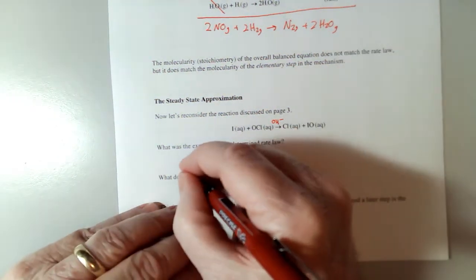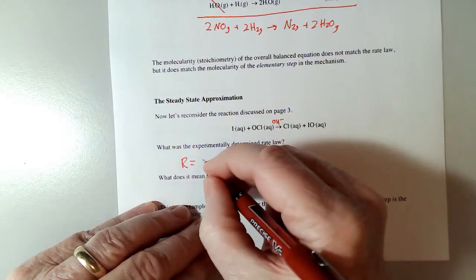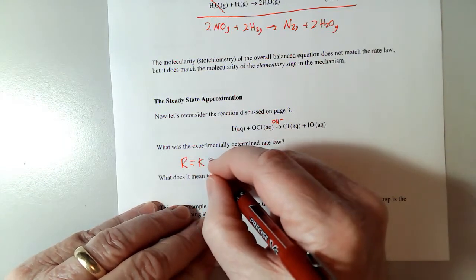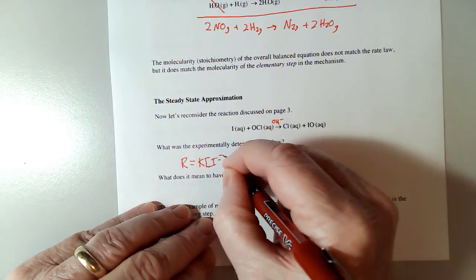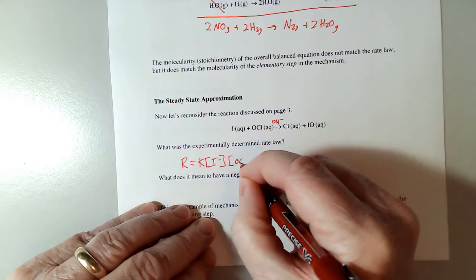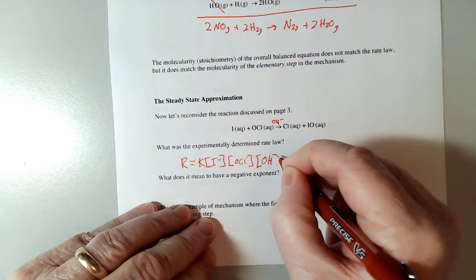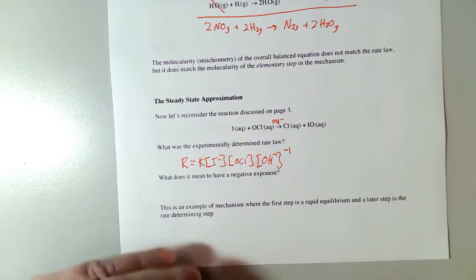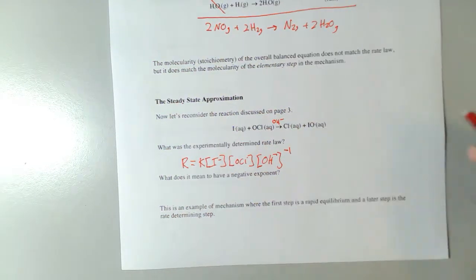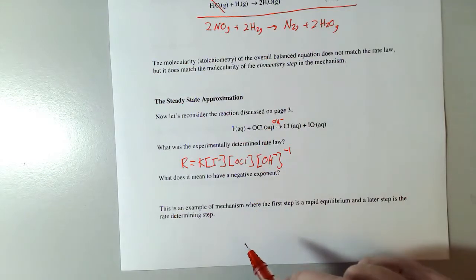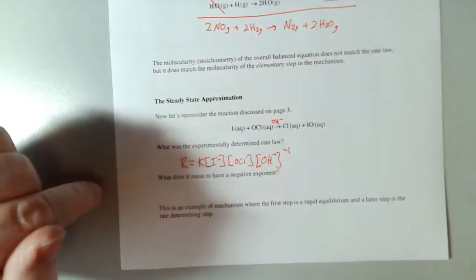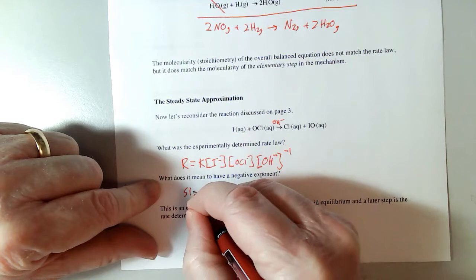And we determined the experimentally determined rate law was found to be k times [I⁻] times [OCl⁻] times [OH⁻] raised to the -1. Now, what does it mean if you have a -1 exponent? It means it slows it down.